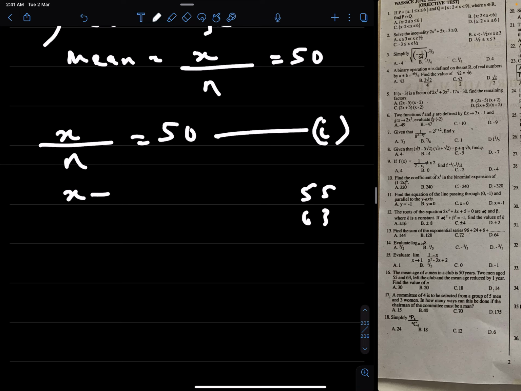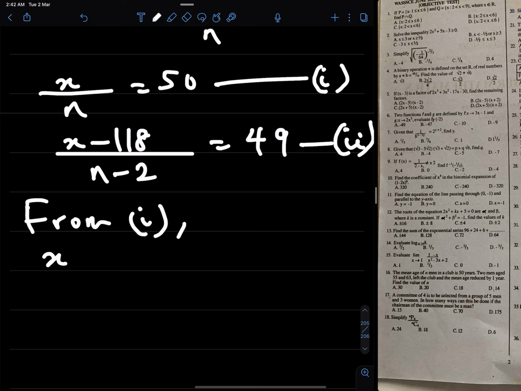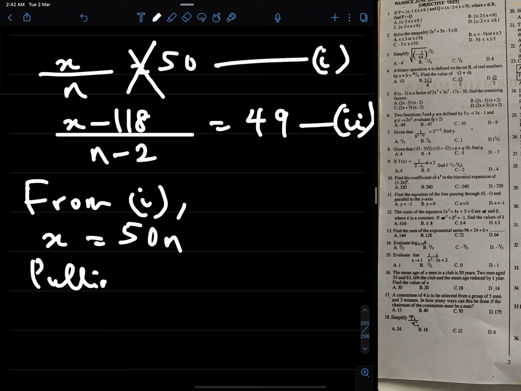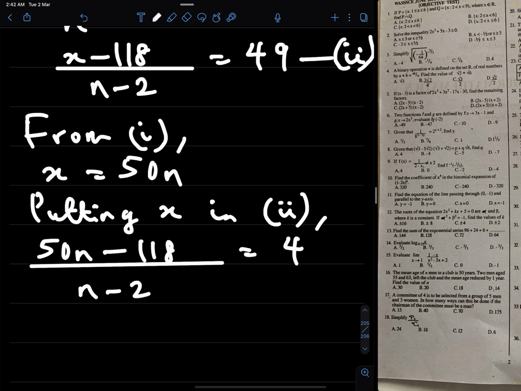Now from equation 1, making x the subject, x equals 50n, and you can now put this x in equation 2. So 50n minus 118 over n minus 2 equals 49.